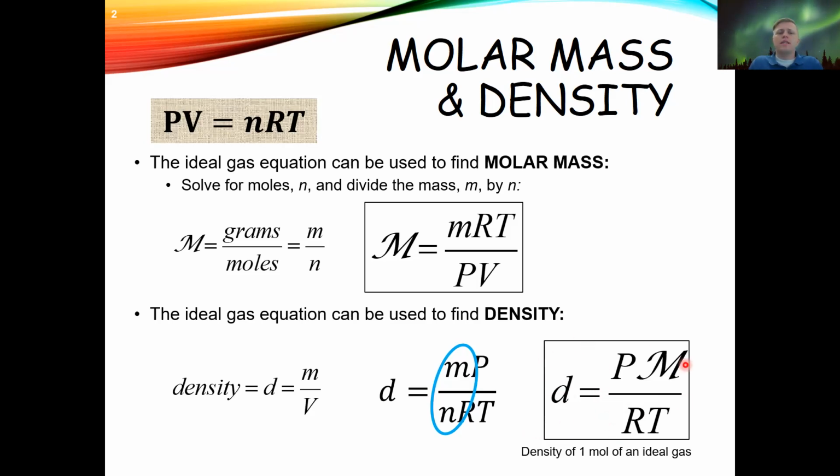The takeaway with this equation is that as your molecular weight increases, your density also increases, which makes sense because density is just mass per unit volume. If your mass is increasing and your volume is staying the same, then of course your density is increasing.